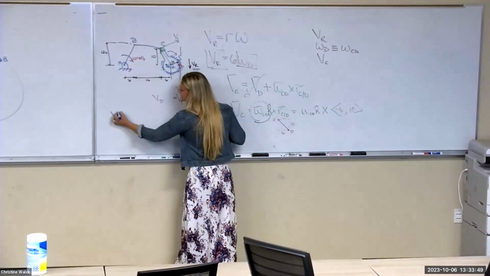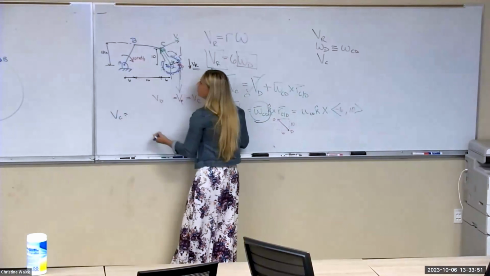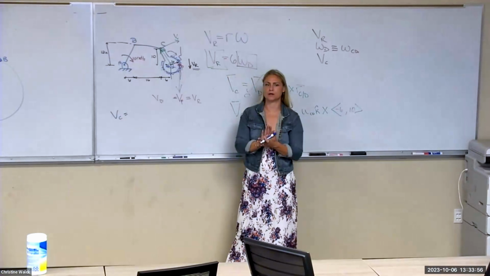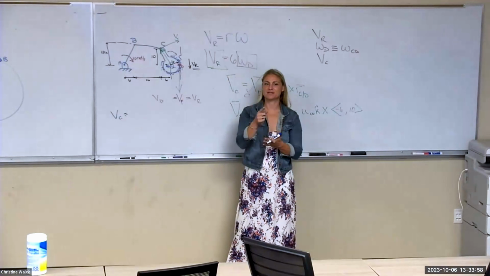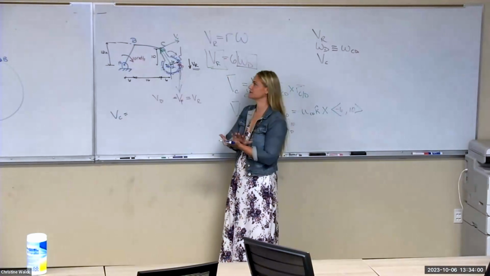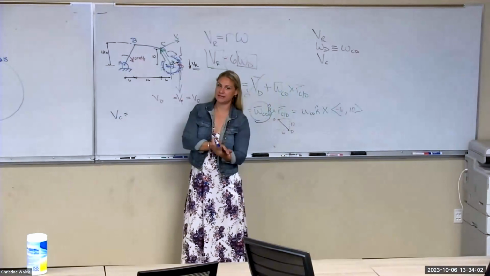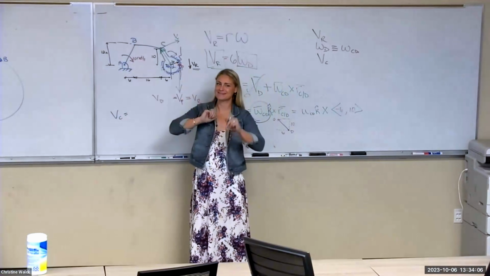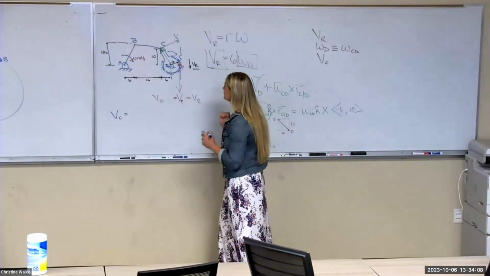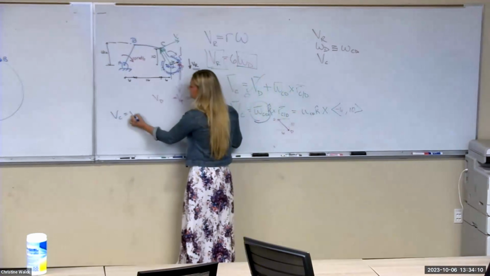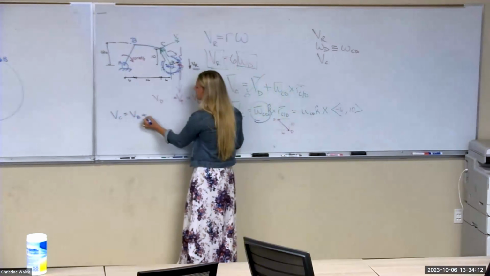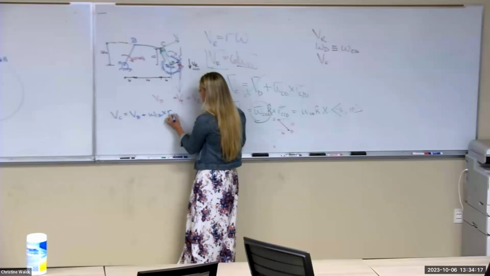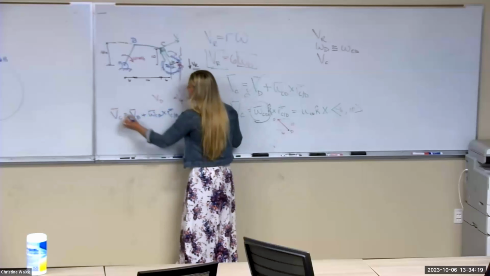So let's compare VC equals, ooh, what type of motion is rigid body VC undergoing? Planar motion. If you said that, good job, congratulations. And what type of pins are located at B and C? If you said internal, you are on a roll. All right, so we have VC equals VB plus omega CB cross RC with respect to B.